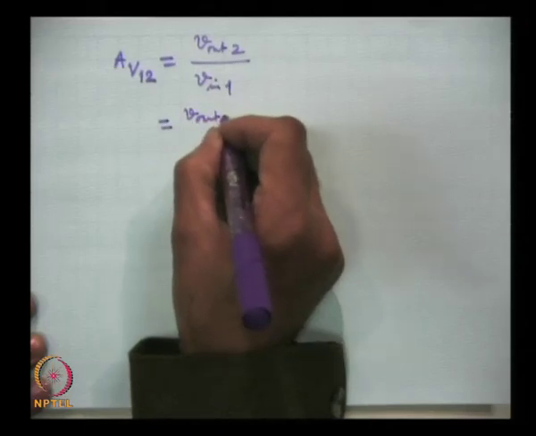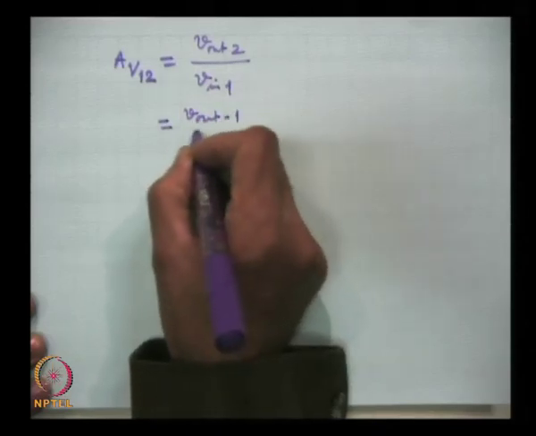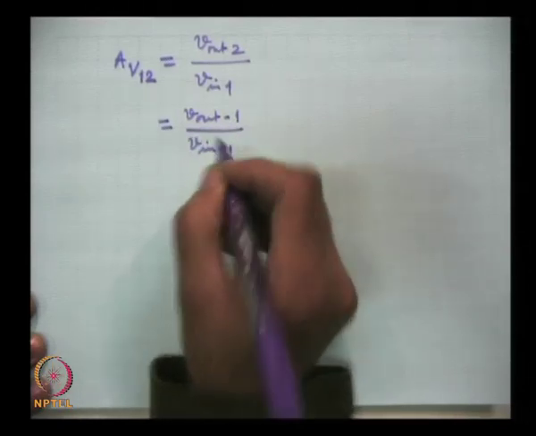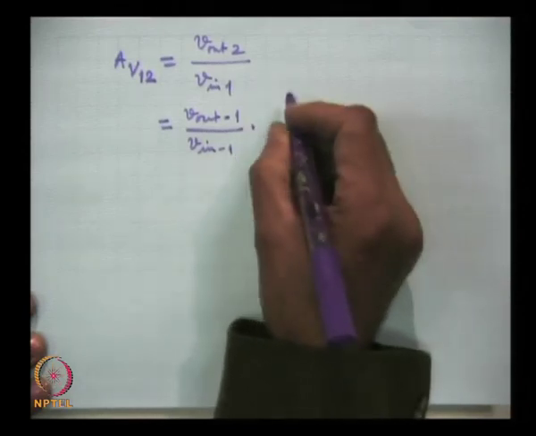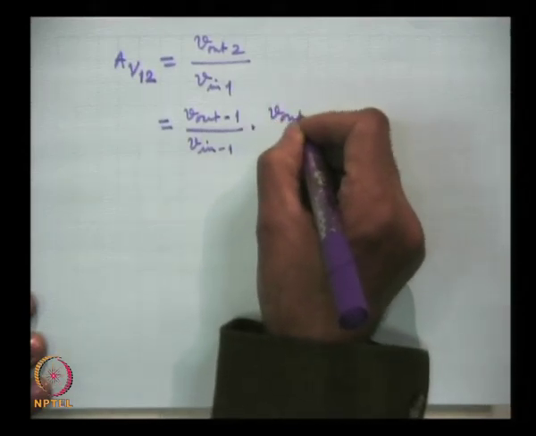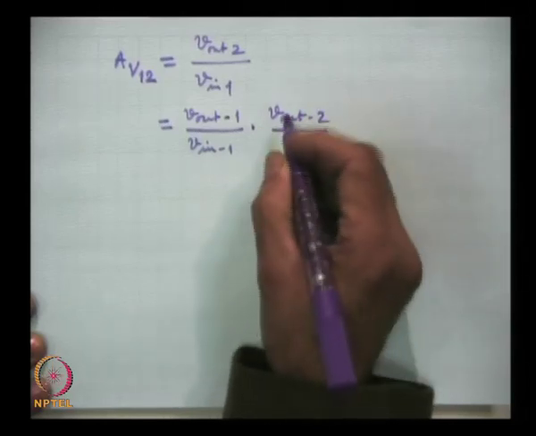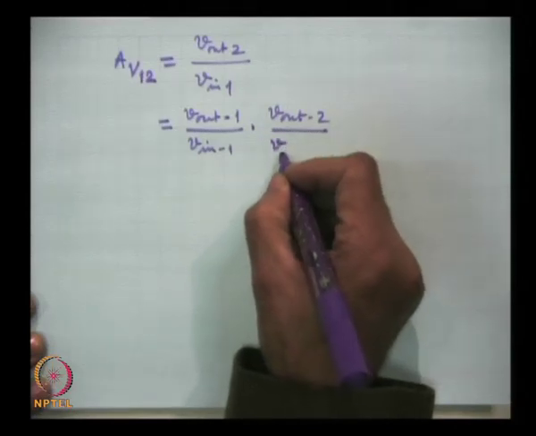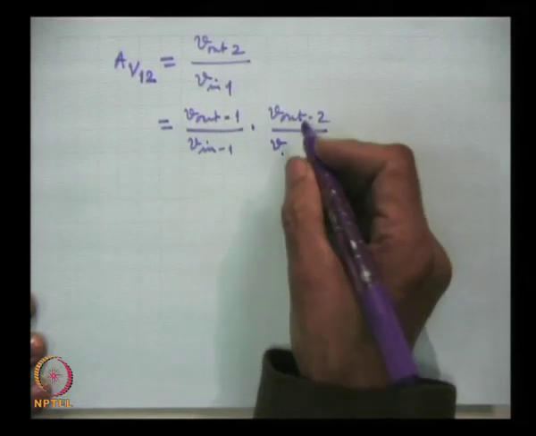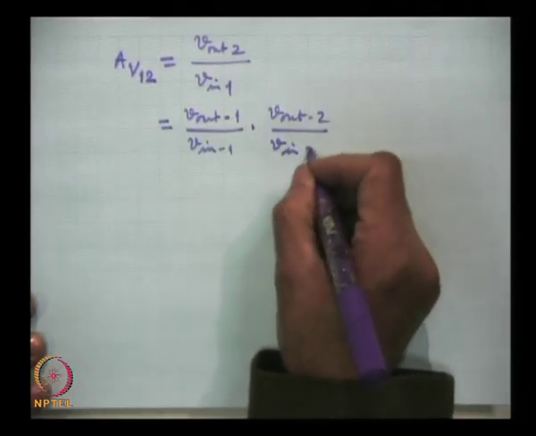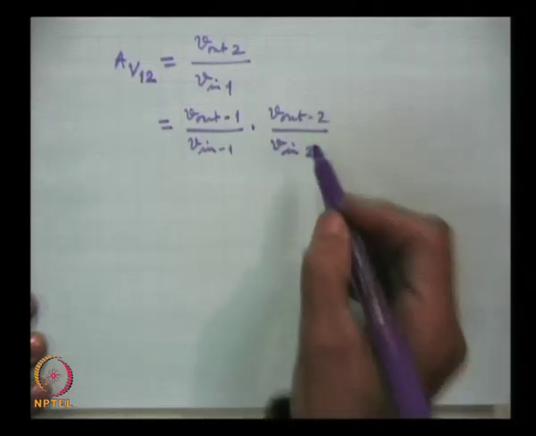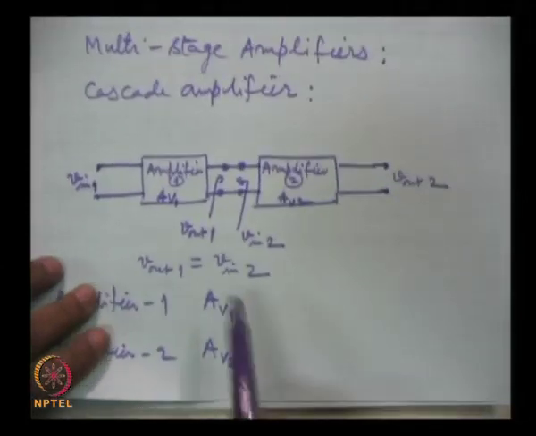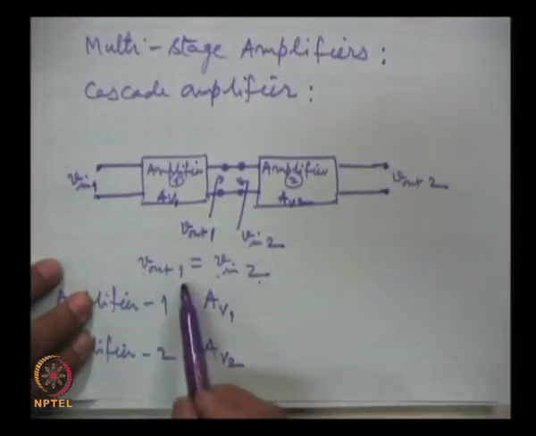V out 1 by V in 1 into V out 2 by V in 2, but we have seen that V in 2 is equal to V out 1.